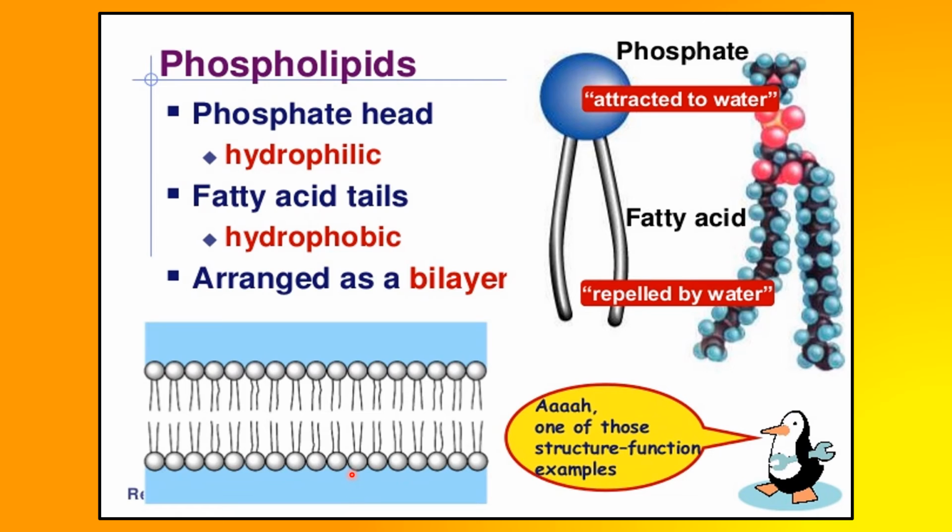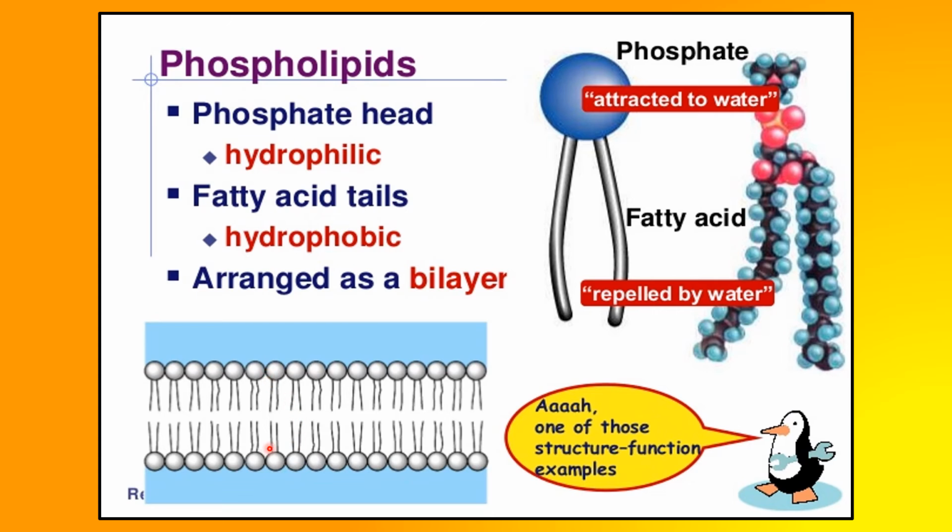As a cell membrane forms, you get two layers of phospholipids, and they arrange themselves such that on both sides, the inside and outside, the phosphate heads, the hydrophilic heads, are in contact with water, and the lipid tails, which are hydrophobic, are tucked inside, between the two layers of hydrophilic phosphate groups.